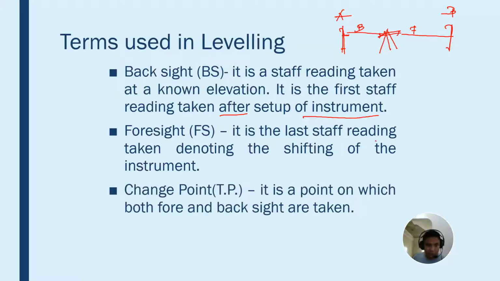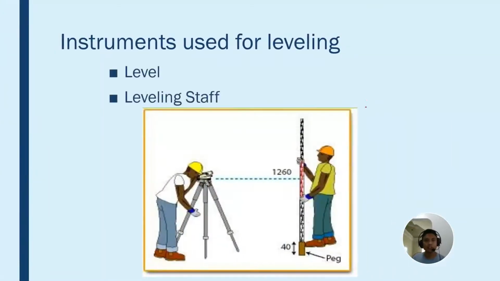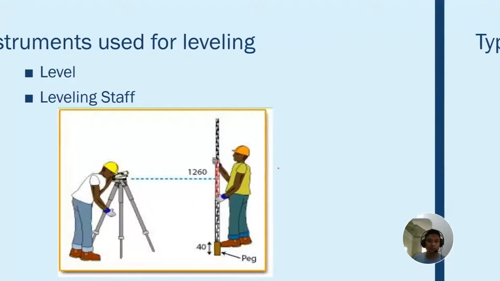The change point, TP, is a point on which both foresight and backsight are taken. So here are the instruments used for leveling. We have the level and the leveling staff. Yan lang yung required sa leveling.